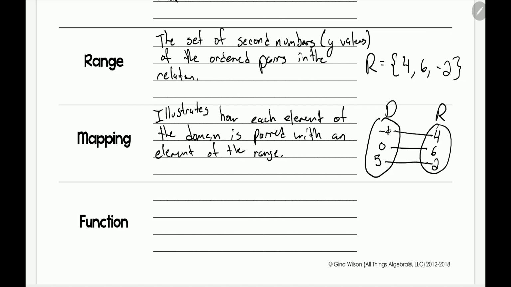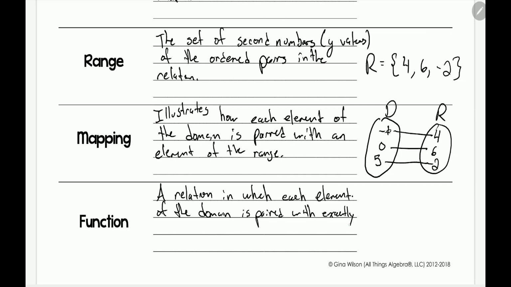So what does it mean to be a function? So a function is a relation in which each element of the domain is paired with exactly one element of the range.